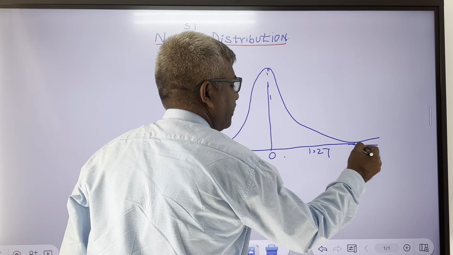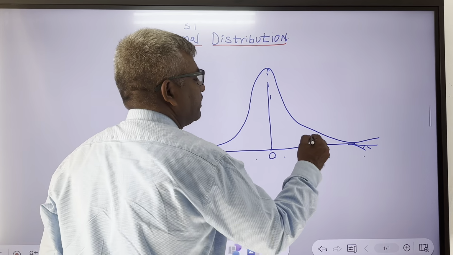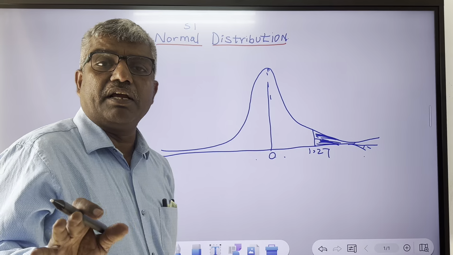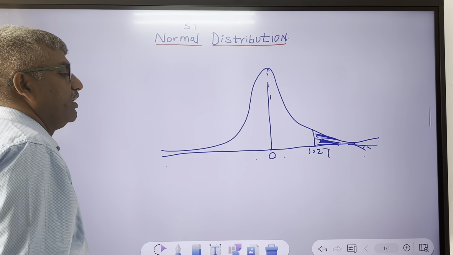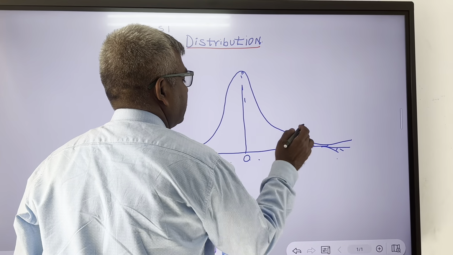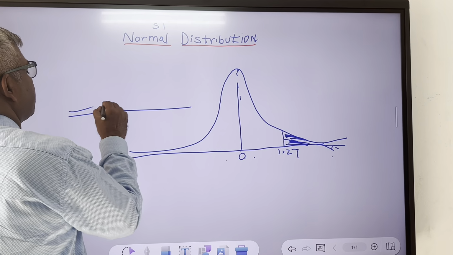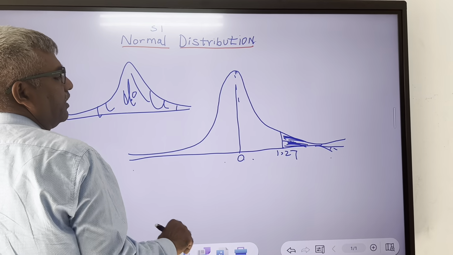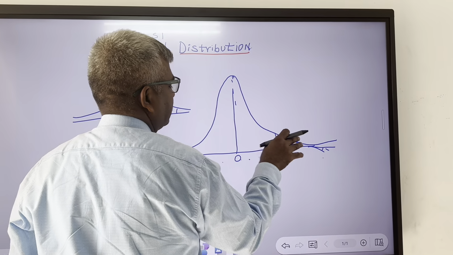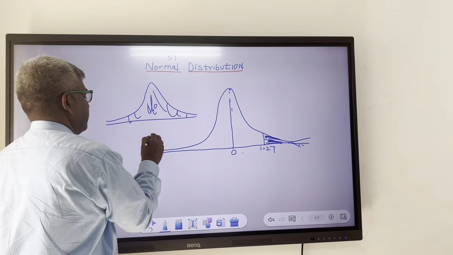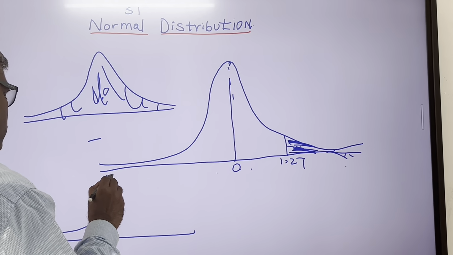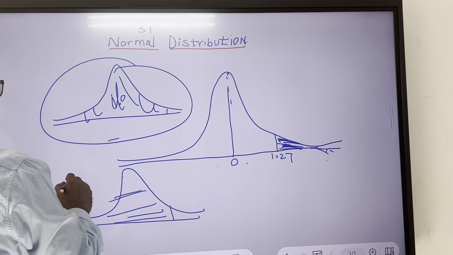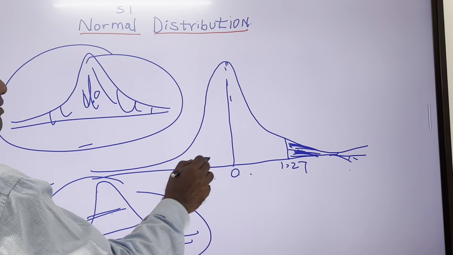Generally here 0 to 4, and here 0 to minus 4. They are asking for more than 1.27. This area they are asking. But our table is telling only the less than value. So how to find this value? The total area under the curve is 1. This area is 1.0. So 1 minus this, this minus this one will give this one.